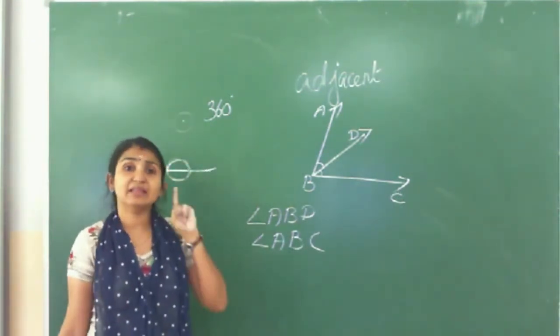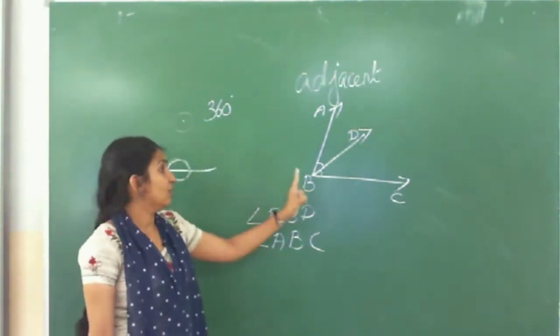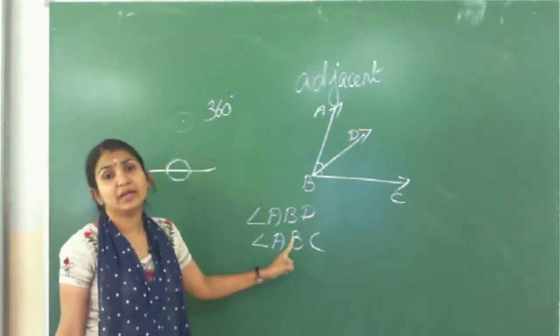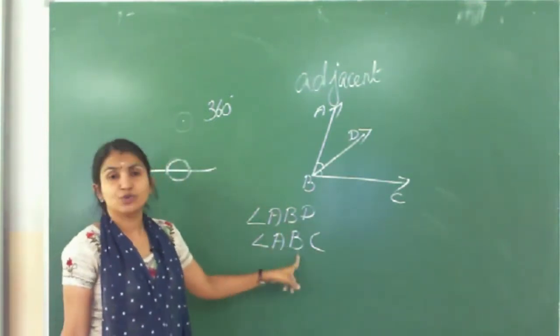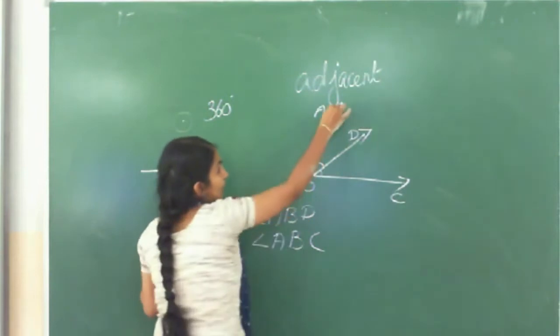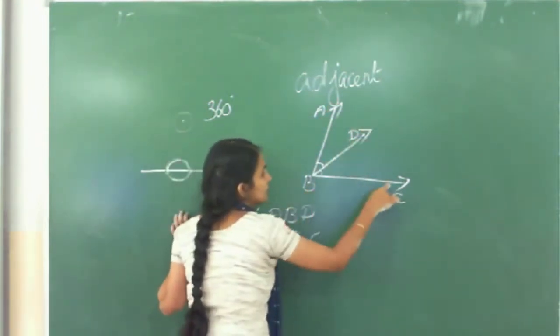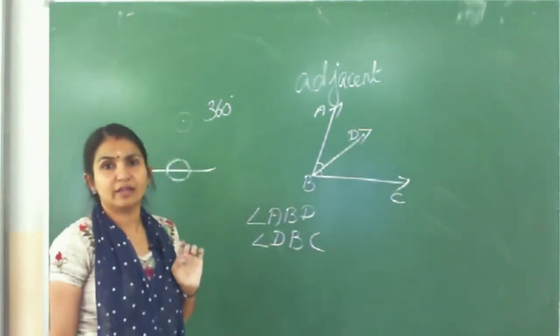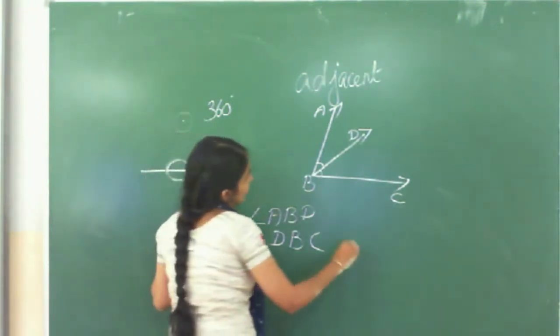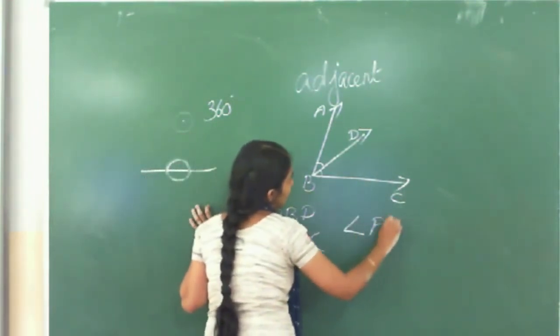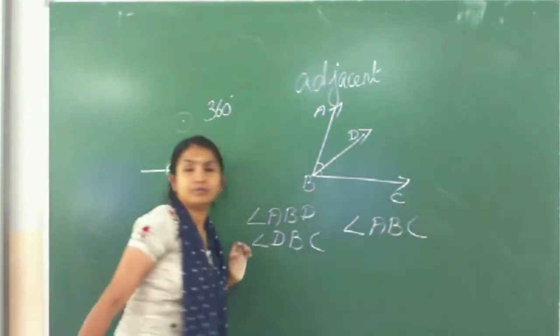Whenever we are saying the name of an angle, the vertex should come in the middle. So ABD and DBC, 2 angles are here. If you want, we can say it as angle ABC also here, right?